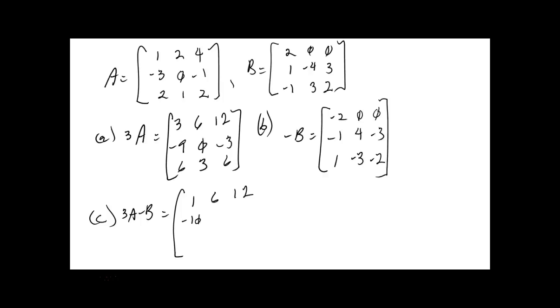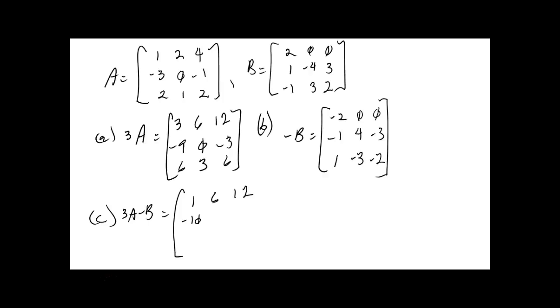What you did was 3 times A was -9 minus a 1, which would be -10. Since this is 3A and that's minus B, I'm just adding those, which is a really easy way to do it. Or you can go back to the beginning. Either way. But your delay there let me know you were doing that.